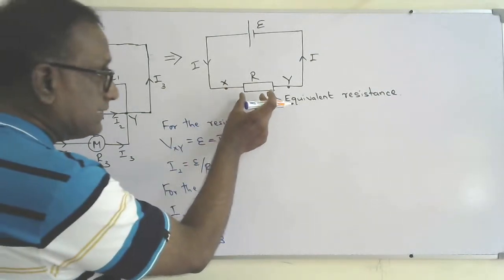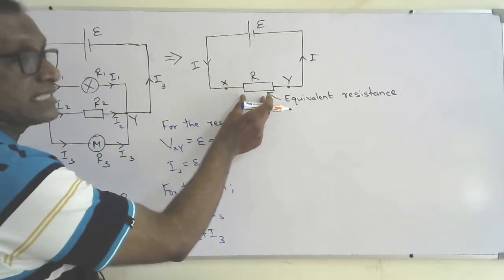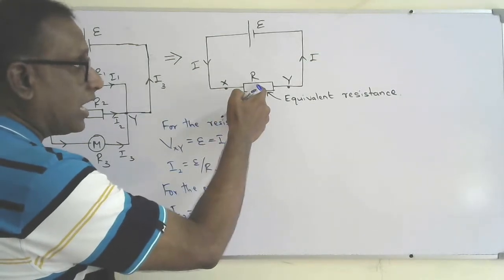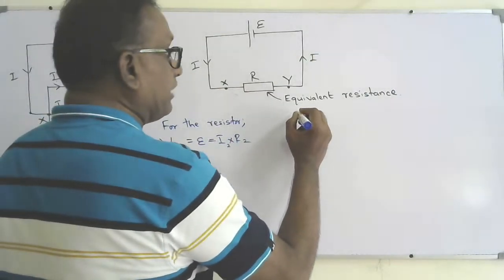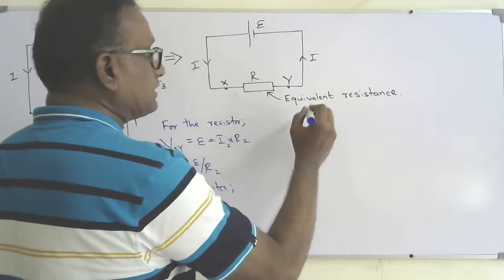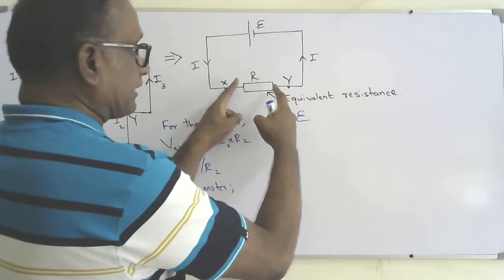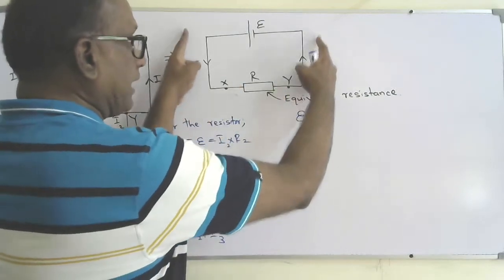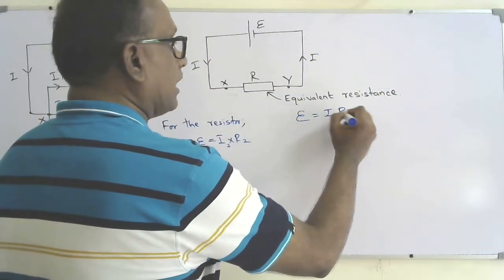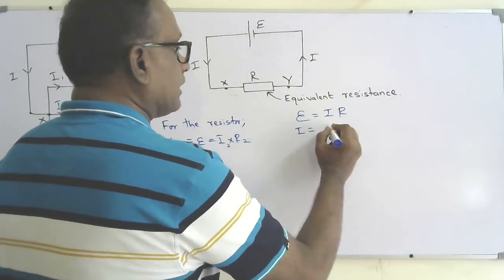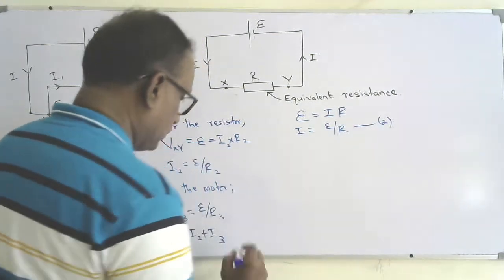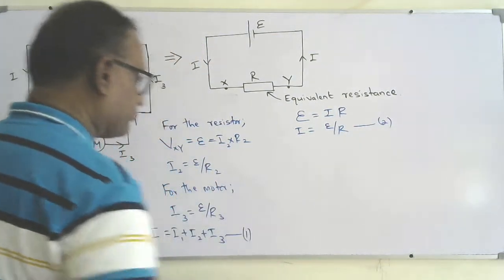So when I consider this equivalent circuit, where the current flow is I and the resistance is R, I can say V equal IR for this equivalent resistance. The voltage across it is EMF. If I connect a voltmeter across it, that will be the same as the EMF. So EMF equals I times R, so I is equal to EMF over R. I call this equation 2, and the earlier one equation 1.